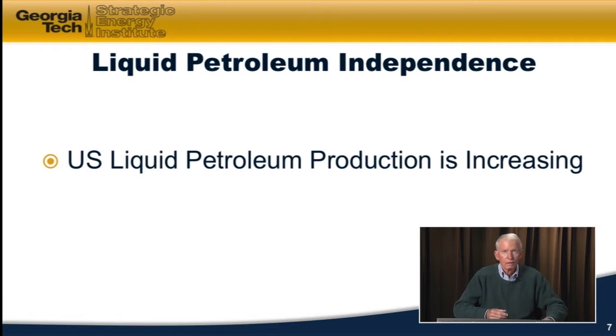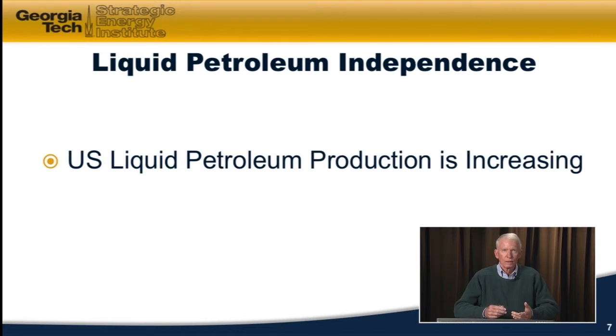We are increasing the amount of liquid petroleum, and so another way you can look at things is liquid petroleum independence, not oil independence, but liquid petroleum. And recall what we mean by liquid petroleum. Liquid petroleum includes oil, it includes ethanol that's produced, and it includes natural gas liquids.